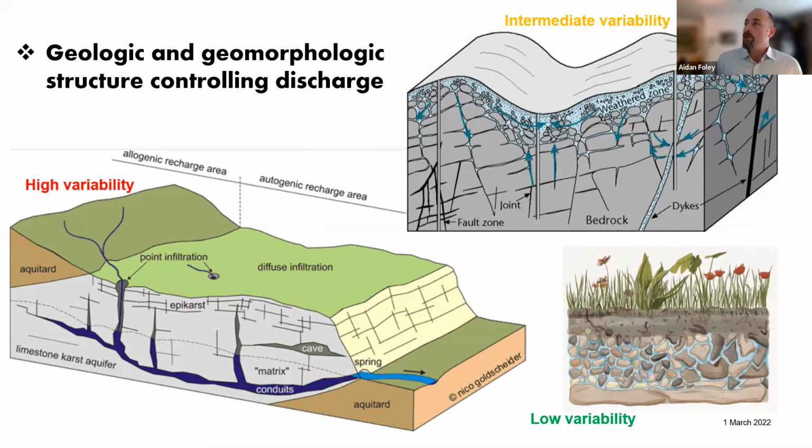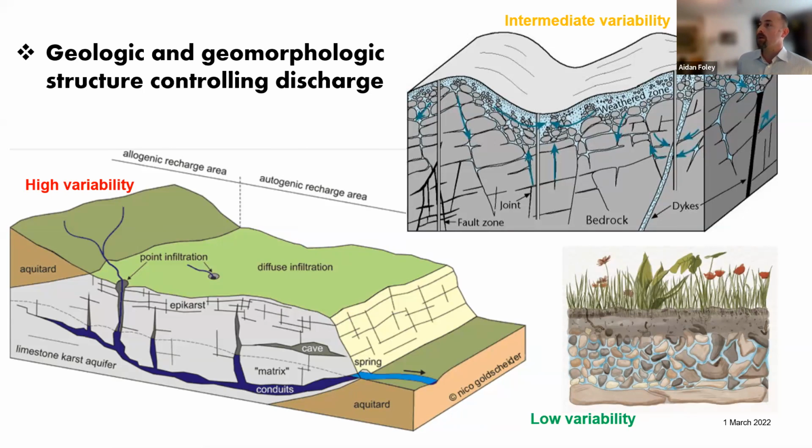Now, the storage characteristics are relatively uniform, and the permeability characteristics are also relatively uniform, such that the drainage from a spring sourced by such a geological formation might be expected to be of low variability. On the top right, we have a bedrock aquifer, and here we can see lots of fractures and joints, and it might not necessarily be a particularly good aquifer.